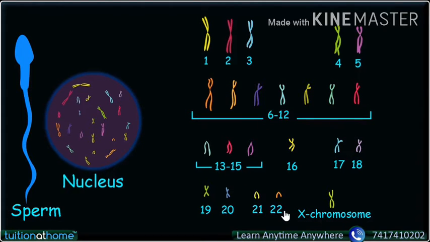Basically, out of these 23 chromosomes present in sperm, 22 are normal, simple chromosomes, and this last one, which is called the X chromosome or sex chromosome, is responsible for the gender of the child or the gender of the baby.